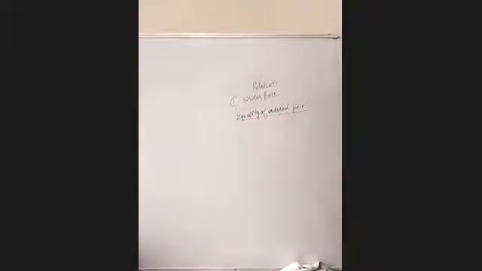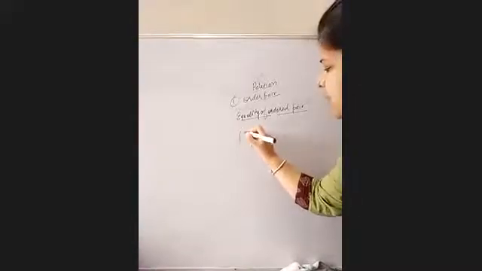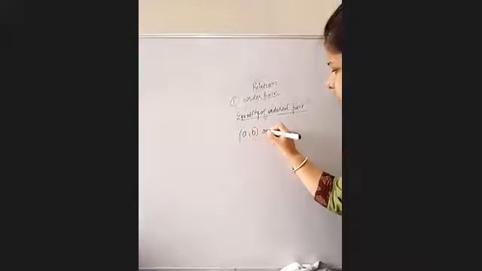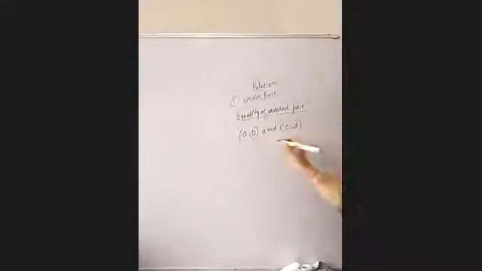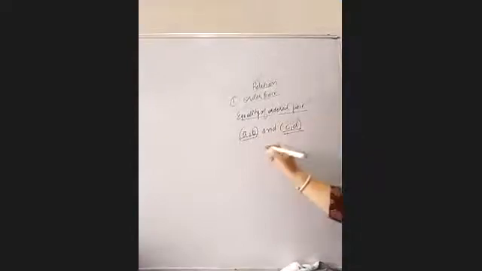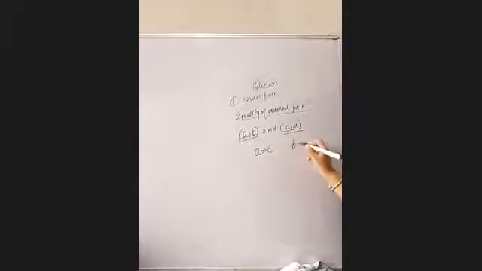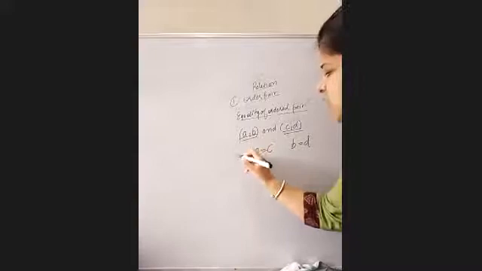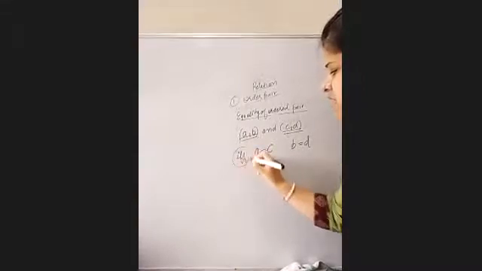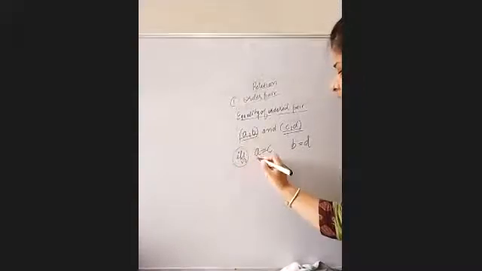What do we mean by equality? When we say the ordered pairs are equal, we have two pairs, (a, b) and (c, d). If I say (a, b) is equal to (c, d), the condition is that a should be equal to c and b should be equal to d. It is only possible if a equals c and b equals d.